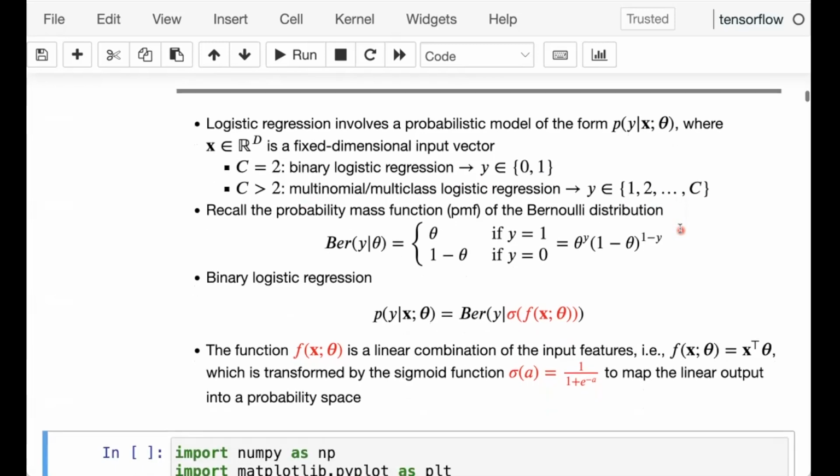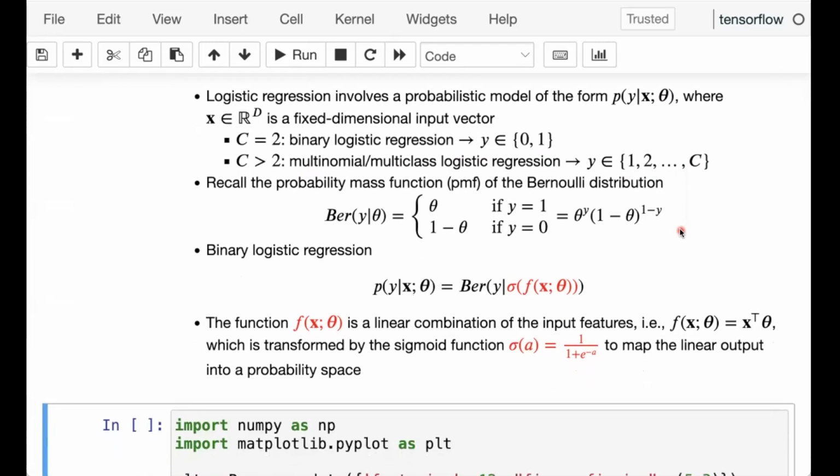So in order to explain the logistic regression model, we need to first remember the probability mass function, or PMF, for a Bernoulli random variable. And why do we want to do this? So remember, Bernoulli random variable explains a binary random experiment, meaning that a random experiment can have two possible outcomes.